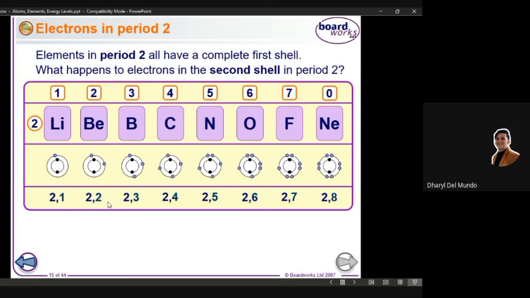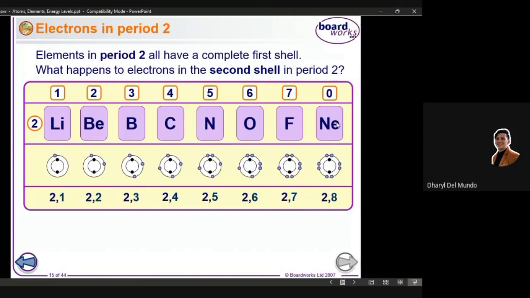The valence electron of beryllium is 2, which belongs to group number 2, and so on. The valence electron of boron is 3 because boron is in group 3, and 4 for carbon because it is in group 4, and so on up to 8 for neon, because neon is a noble gas located on the farthest right side of your periodic table.